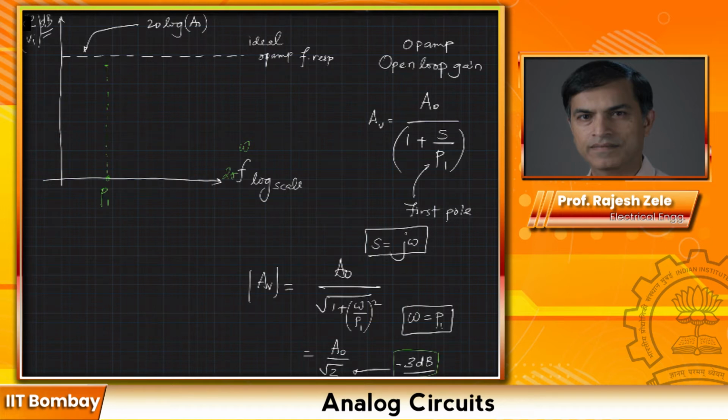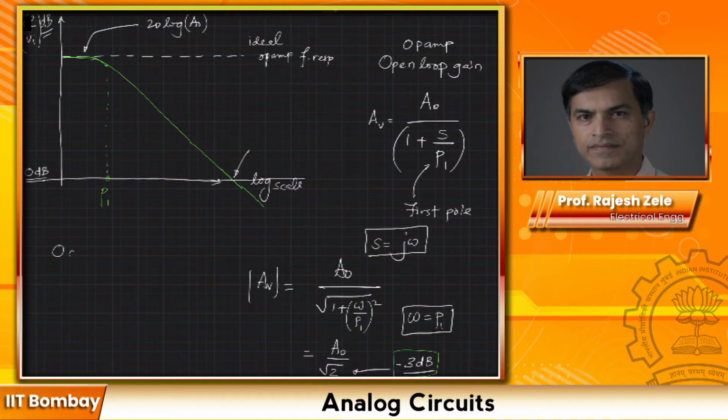So if this is P1, then at this P1 location, we would expect the gain to drop by 3 dB. This is the 3 dB factor. And as we have seen in the Bode plot, we would see the gain drop right here, 3 dB, and then it will continue dropping like this. And this would be 0 dB on the y-axis.